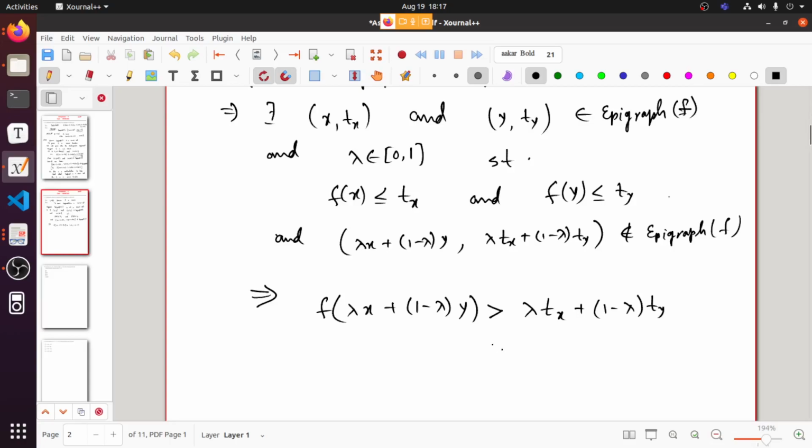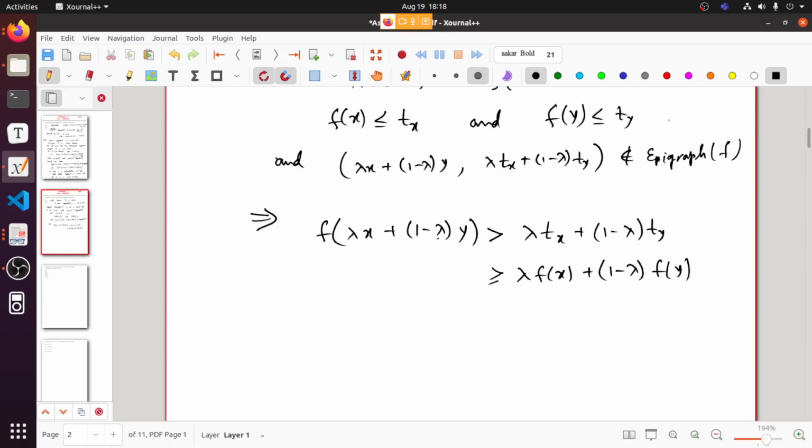And now you know that tx is greater than or equal to f(x), so lambda times f(x) plus 1 minus lambda, again ty is greater than or equal to f(y). So we get f of lambda x plus 1 minus lambda y is strictly greater than lambda times f(x) plus 1 minus lambda f(y). So this is a contradiction to f being convex.